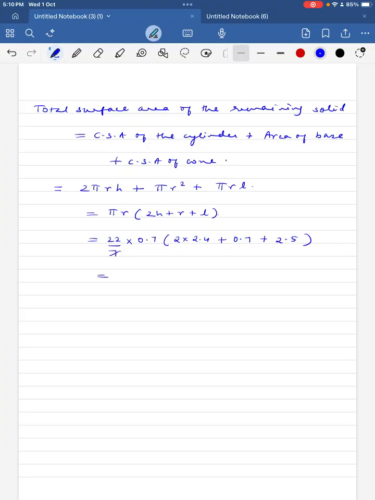So that's equal to 2.2 times 4.8 plus 0.7 plus 2.5. If I add all these three up, I'll get 8. So 2.2 times 8 gives me 17.6 centimeter square as the total surface area.